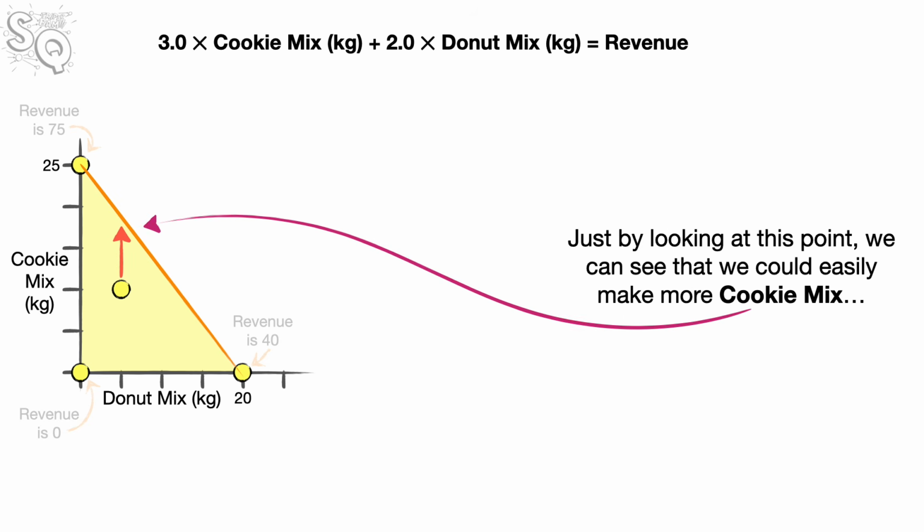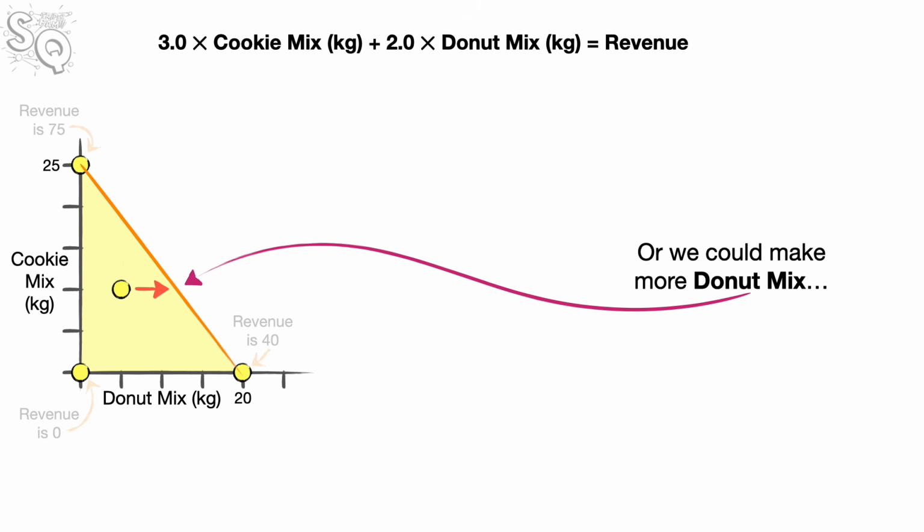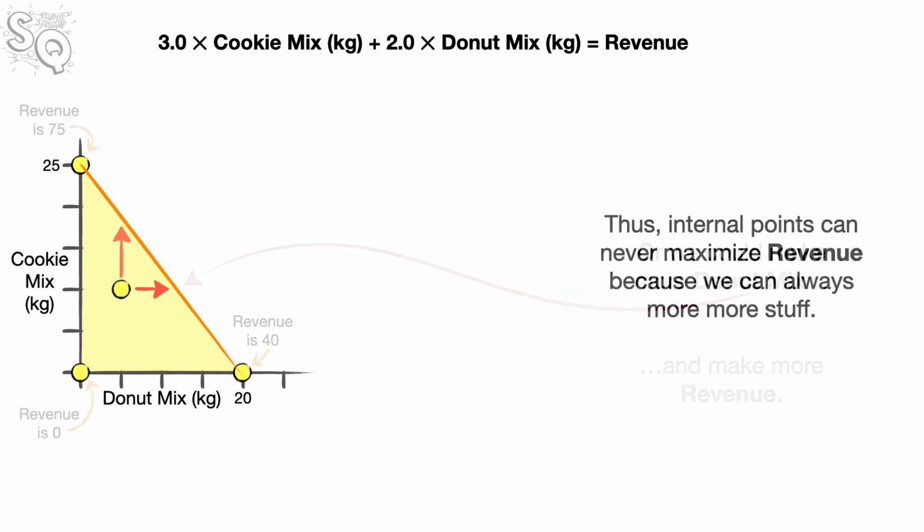Just by looking at this point, we can see that we could easily make more cookie mix, and thus make more revenue. Or we could make more donut mix, and make more revenue. Thus, internal points can never maximize revenue because we can always make more stuff.